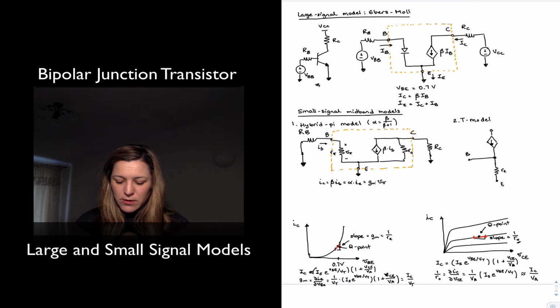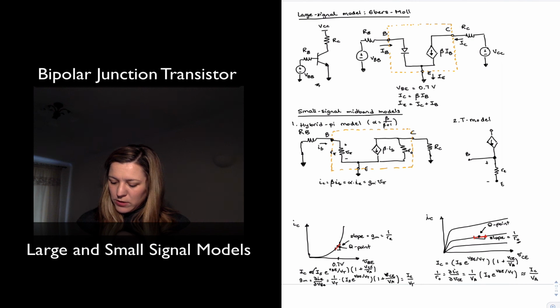So again, notice in the hybrid pi model, that resistor R pi was the resistor from the base to the emitter, looking from the base into the emitter, whereas little r is the resistance from the emitter looking in. So it's not multiplied times a factor of beta just yet. So that's why it's little r as opposed to R pi.